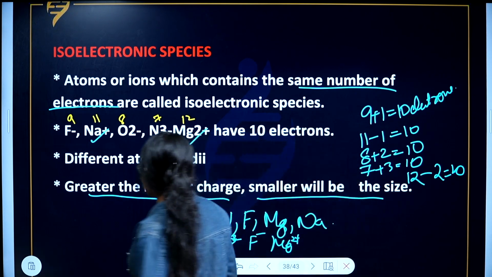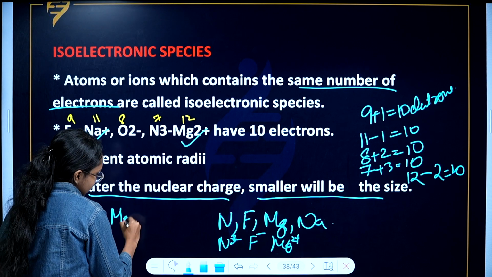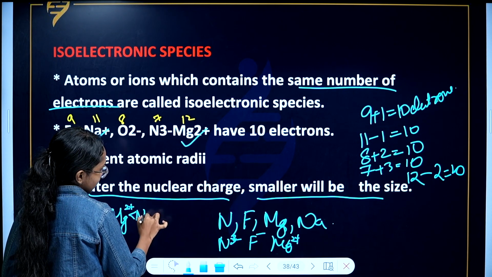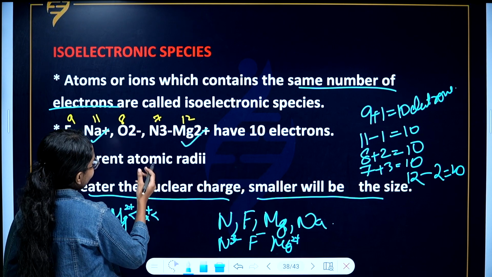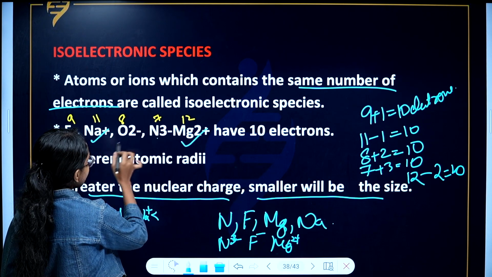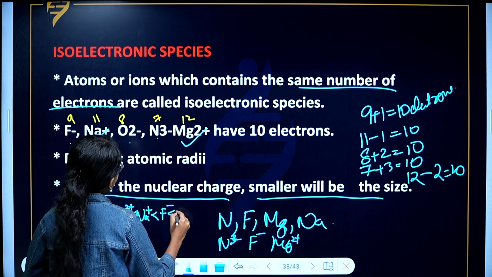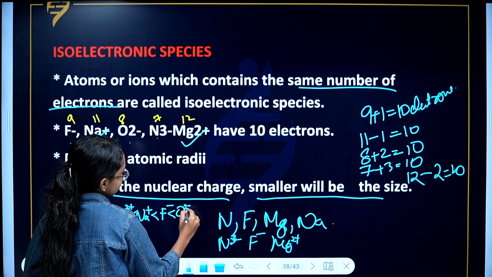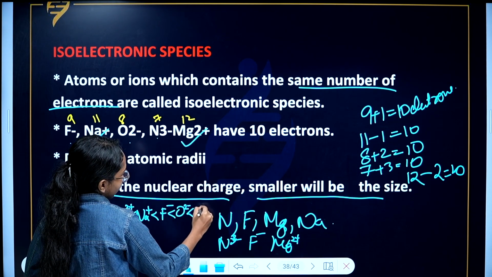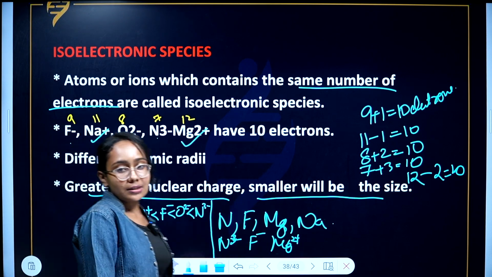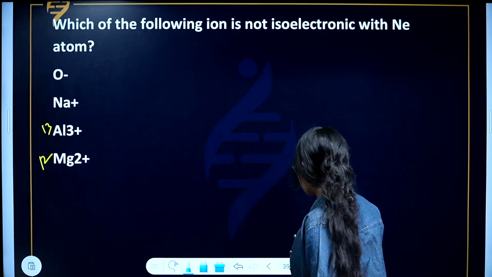Yeah, Mg2 plus is having smallest size. Then comes Na plus. Then comes anion. Anion we have N3 minus, O2 minus, F minus. F minus will come first. Then O2 minus. Then N3 minus. Alright. This is all about the isoelectronic species.